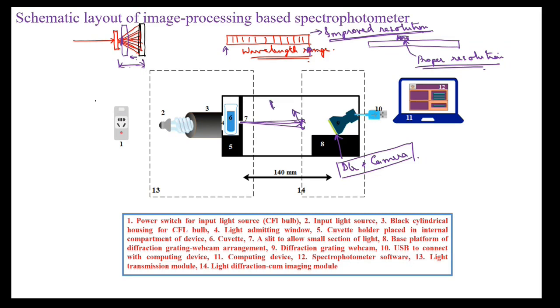We call this the diffusion of light. You do not want a significant diffusion of light when your light enters the diffraction grating plus camera arrangement. Otherwise, it will compromise the quality of the signal you are getting over the CMOS sensor.